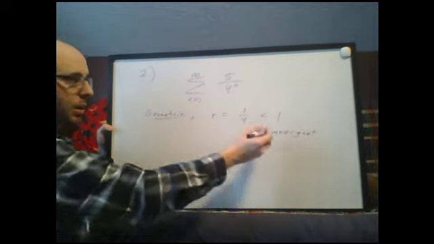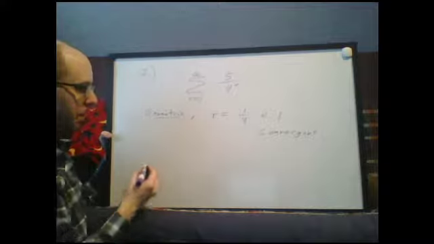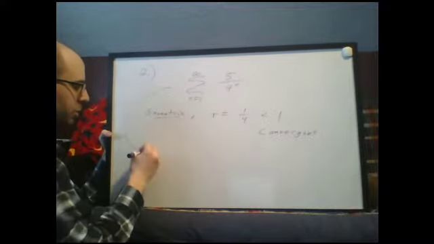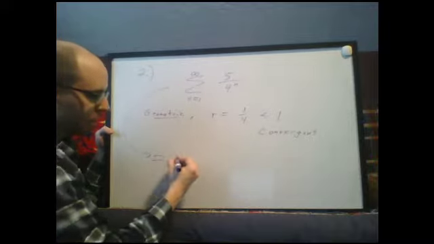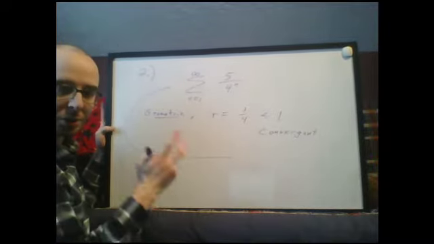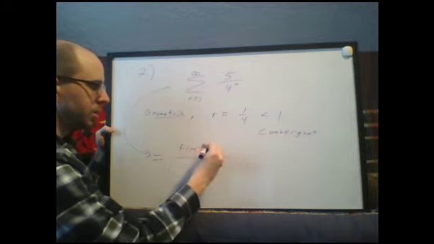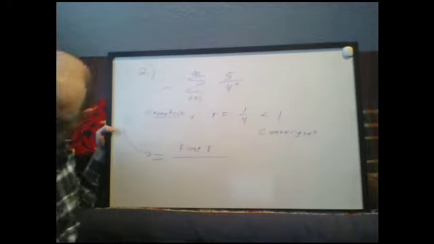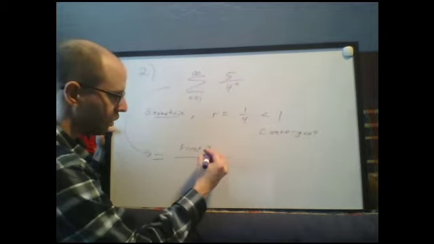And for a convergent geometric series, we can answer the question, what is its value? So this equals then, I'm going to erase this, but our formula, our so-called formula, is the first term, or the initial term, divided by 1 minus r.